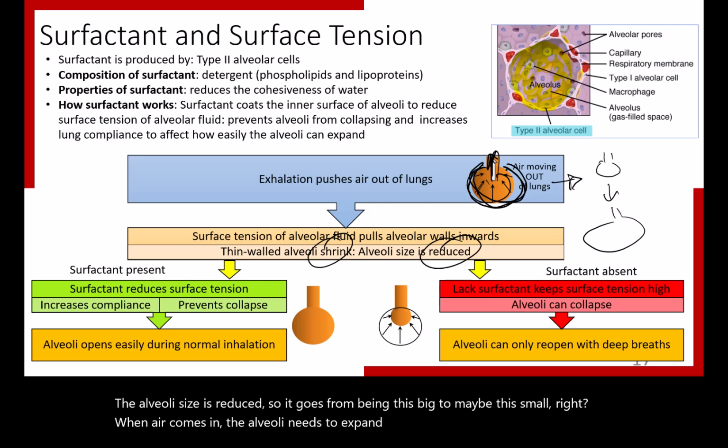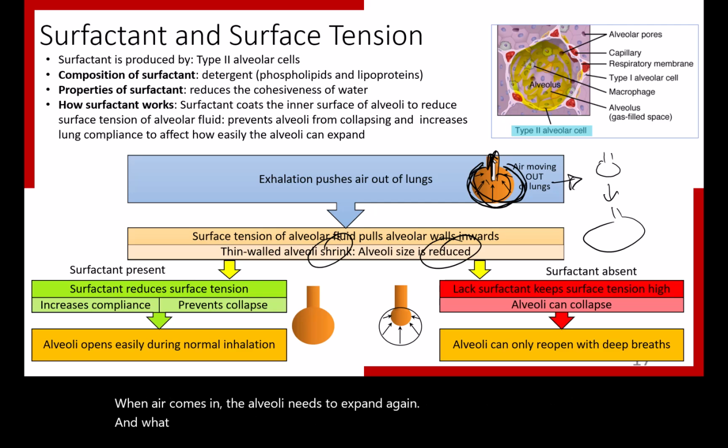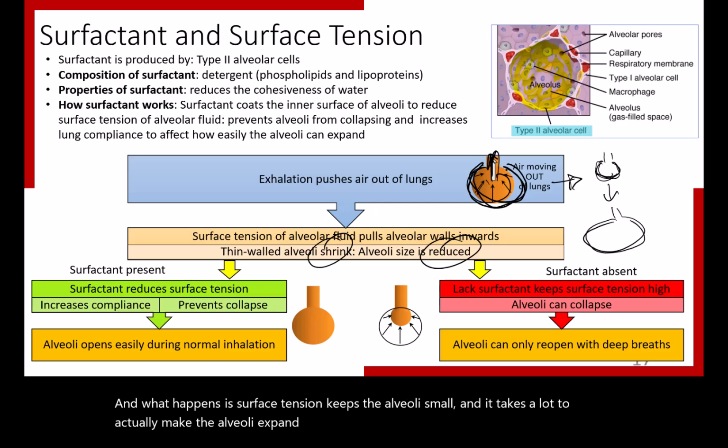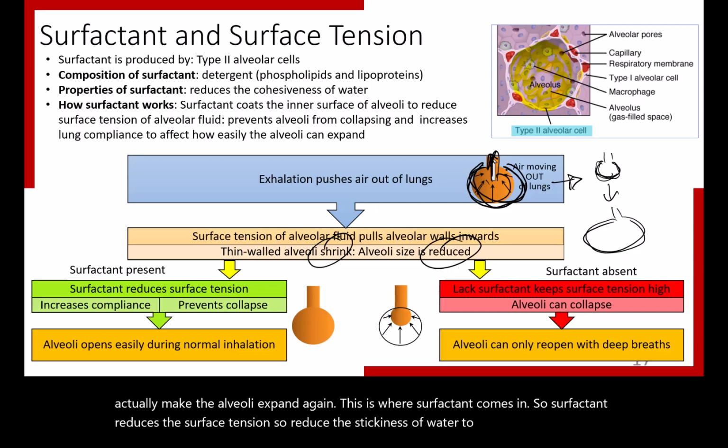And what happens is surface tension keeps the alveoli small, and it takes a lot to actually make the alveoli expand again. This is where surfactant comes in. So surfactant reduces the surface tension, so it reduces the stickiness of water-to-water connection.